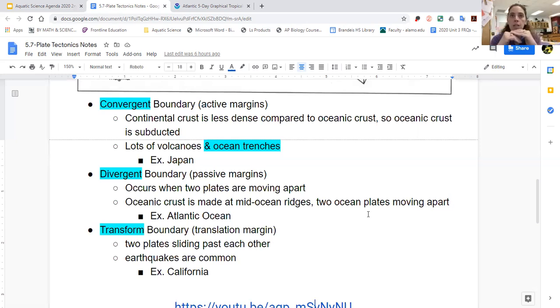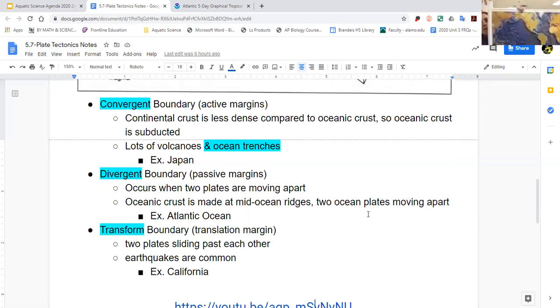So the oceanic crust is going to be subducted. It's going to go down. As it goes down, we get an ocean trench formed, and then it melts. And when it melts, that extra magma creates pressure for volcanoes. And so we get two features here, ocean trenches and then volcanic islands.